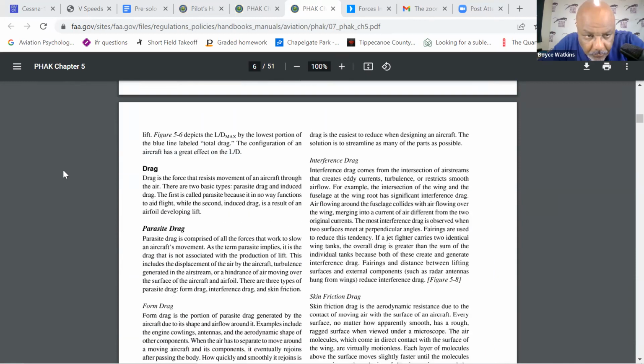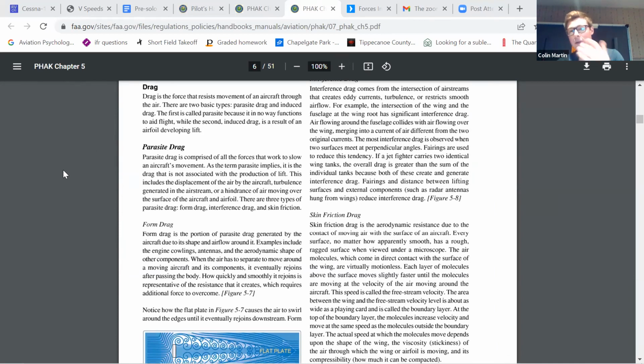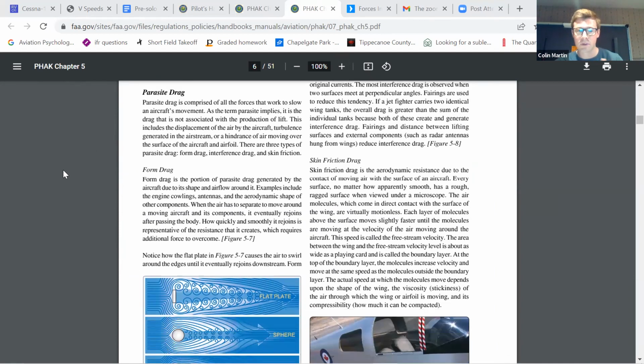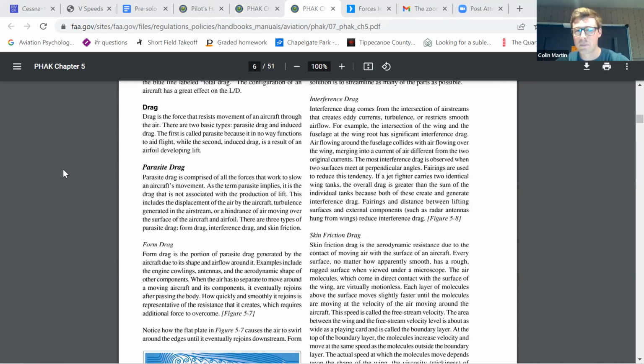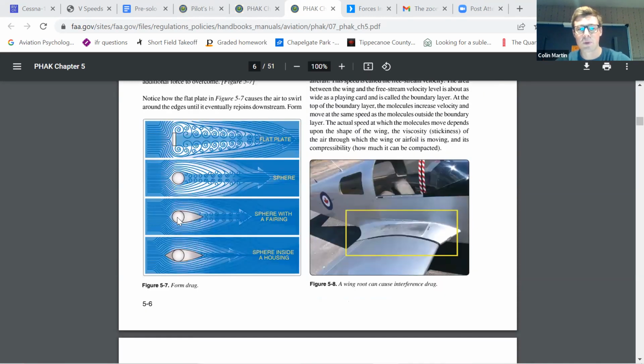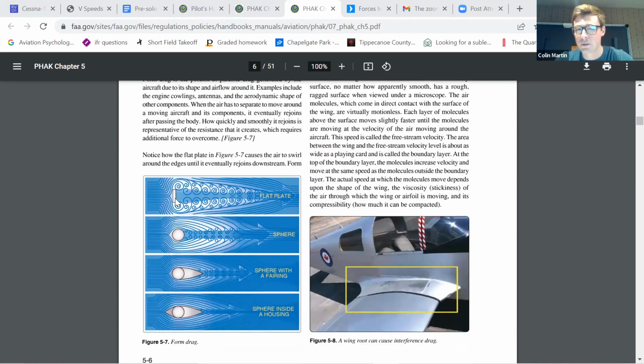So concerning drag, we have parasite drag and then induced drag. Then we have three different types of parasite drag. We have form drag, and that's just dependent on the shape of the airplane, or something flowing through the air.